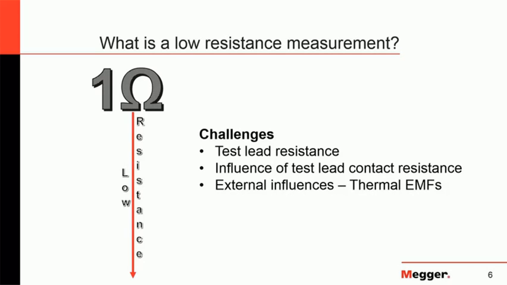Whenever we are measuring resistance values below 1 ohm, we consider those low resistance, and we should be aware that at those very low levels we are going to face a few challenges, like the influence of the test lead resistance, poor test lead contact, and, if we have a joint between different metals, thermal EMFs developed in the junction. Those are some of the challenges that we will face when making these measurements.